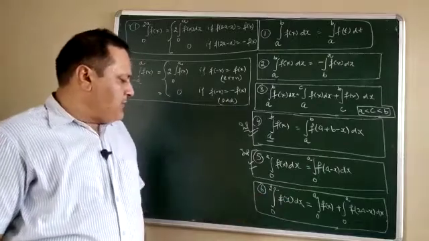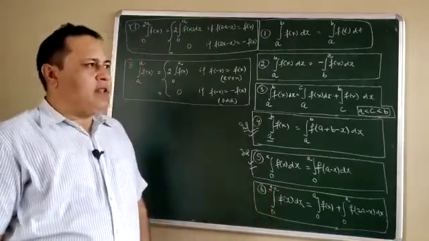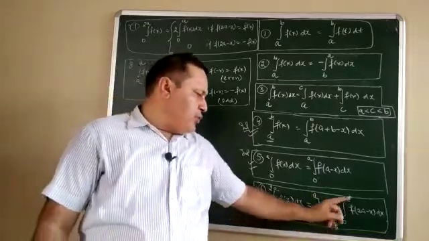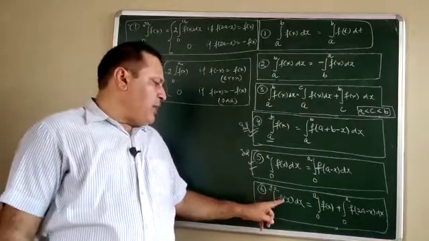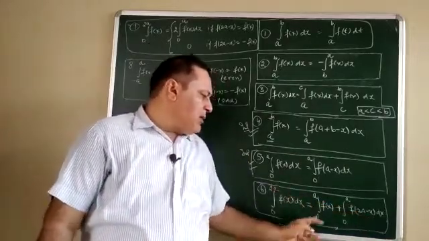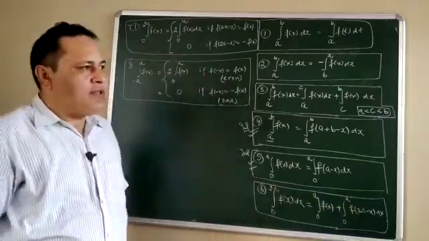Property number 6. If you observe f of x dx with limit from 0 to 2a, in this case we break the limit from 0 to a, and we check the function of 2a minus x. See, we break the limit into the half part 0 to a, and change the function to f of 2a minus x.